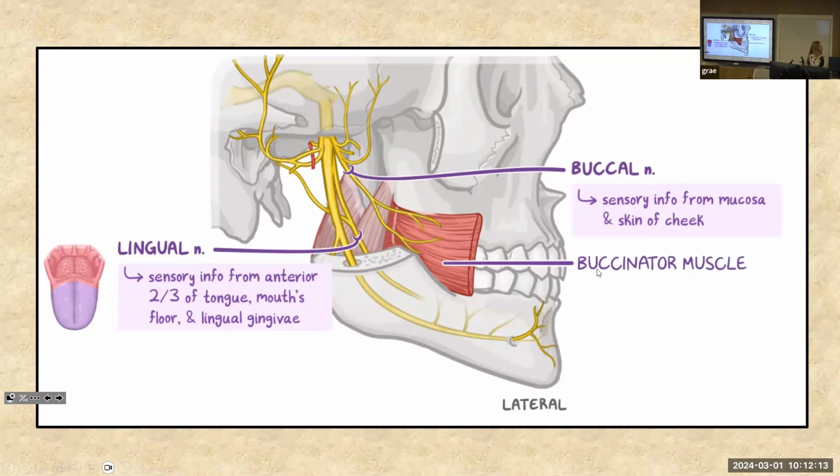So not only will it go more medial, but it also stays a little higher. Those nerves end up swinging one on top of each other. The lingual will be higher, and the one dipping down lower is the inferior alveolar. Okay? You'll get to see all this stuff, and it'll make a lot more sense.